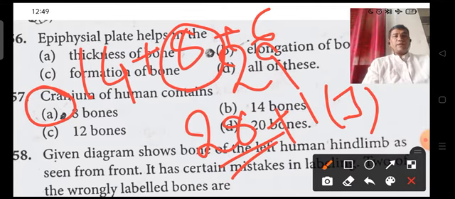Question 57: cranial bones consist of 8 bones.